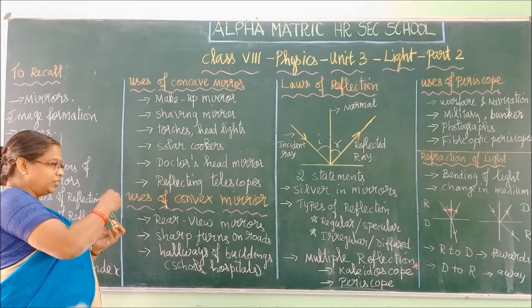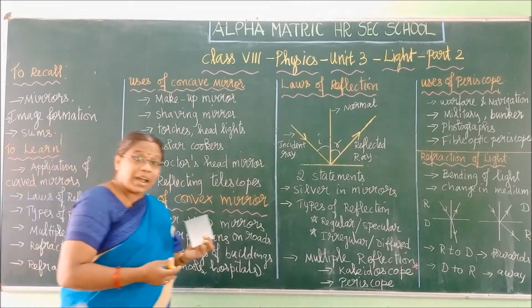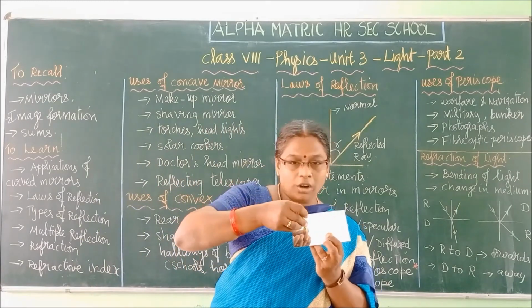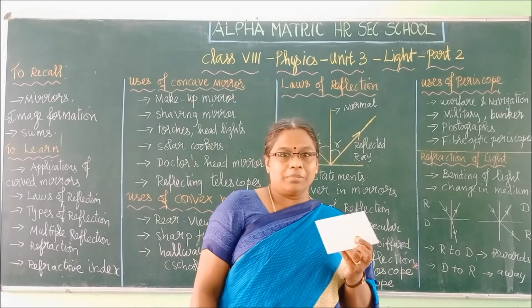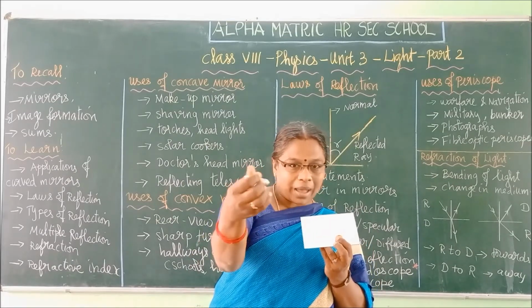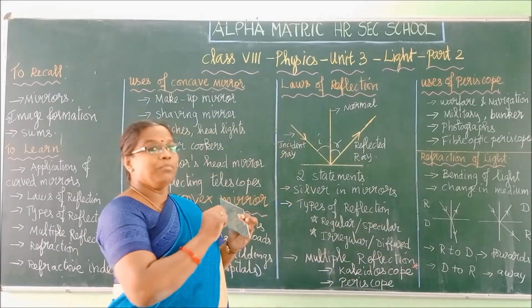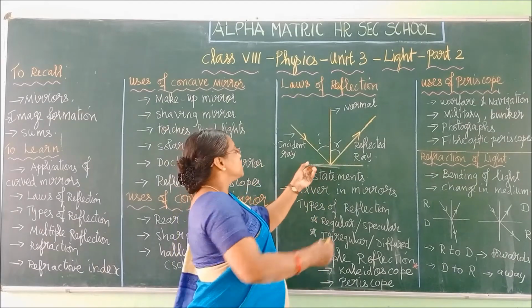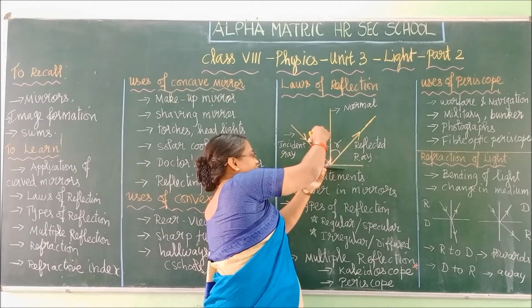Can you see it, children? Can you observe it? So what is that? Light is incident on the mirror, and it gets bounced back into the same medium. It is coming from the air medium and it is getting reflected back into the same air medium. I have drawn a diagram, I will explain it now. See here, can you see that reflected ray?